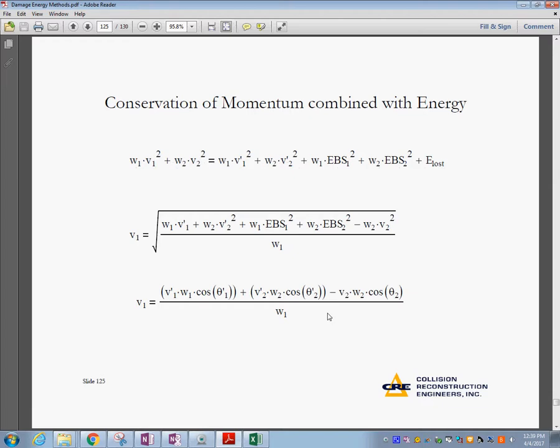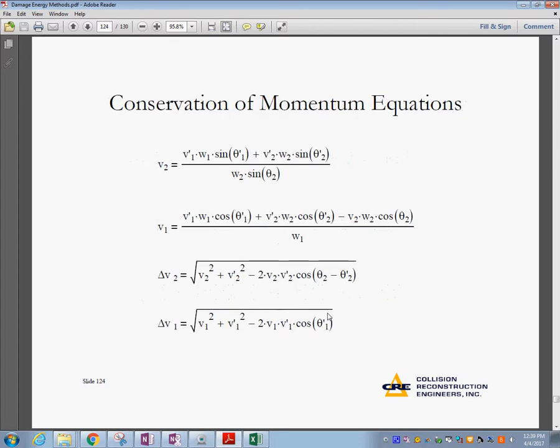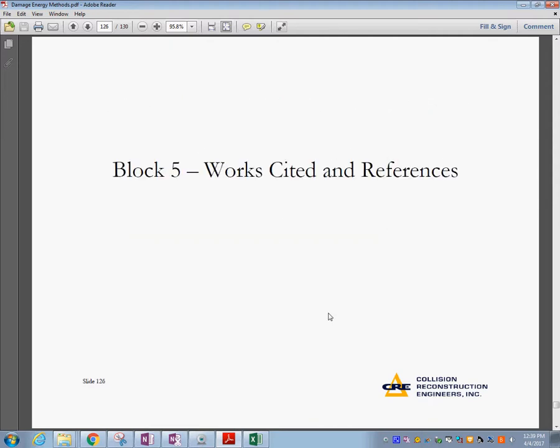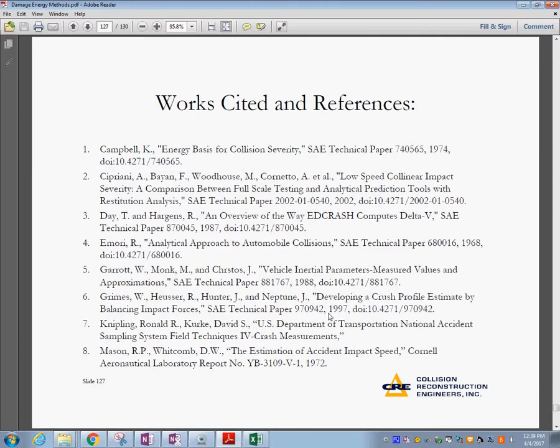So basically the message is that there are equations that have been developed with the conservation of momentum and also with the data from the energy published by the NHTSA. These are the references cited in this work, and of course these papers you can get in the library or from the SAE, the Society of Automotive Engineers.